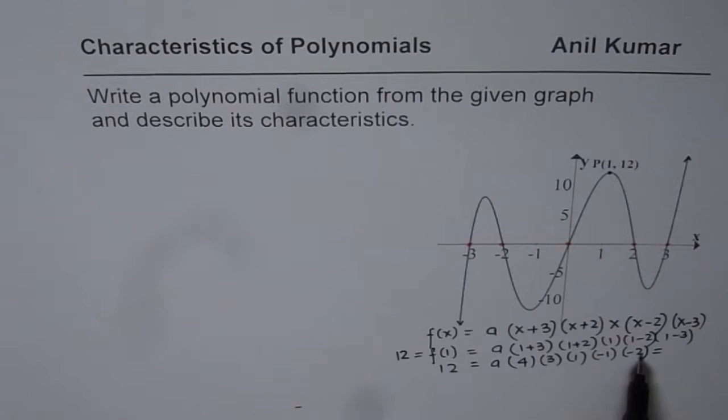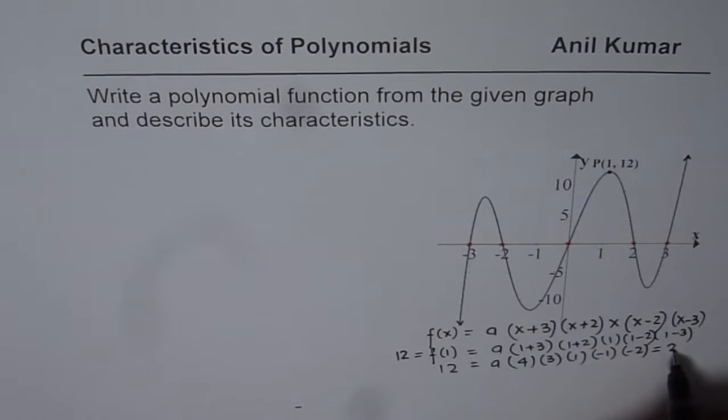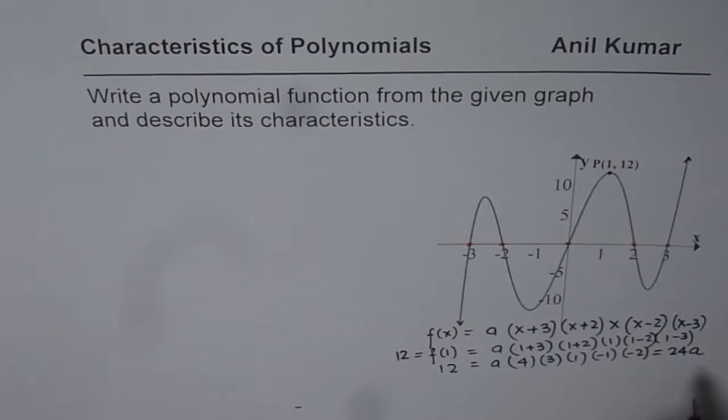And then we have 4 times 3 is 12, 12 times 2 is 24. So we could write this as 24a, and that gives you a value of a as 12 divided by 24, or half. Correct. So we know that a is half.